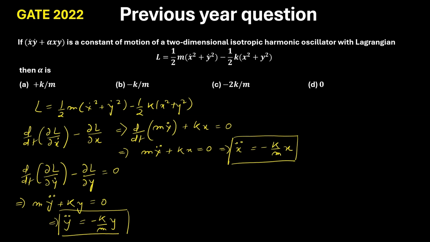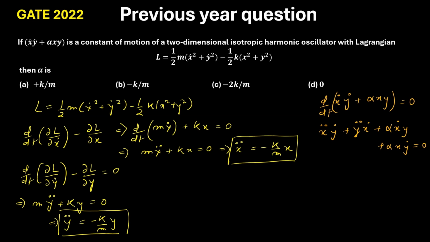The constant of motion is x dot y dot plus alpha xy. Since this is a constant of motion, if I differentiate it with respect to time, it should give 0. So if I differentiate, I'll get x double dot y dot plus y double dot x dot plus alpha x dot y plus alpha x y dot is equal to 0. Now let us substitute x double dot and y double dot in this equation.